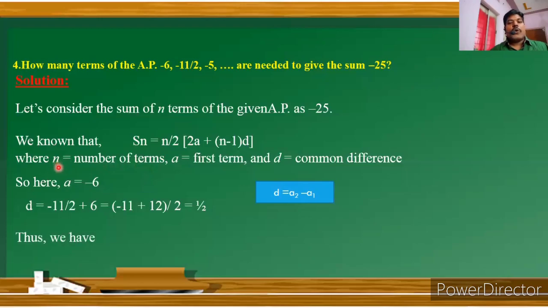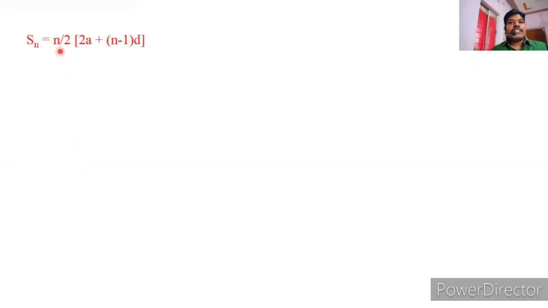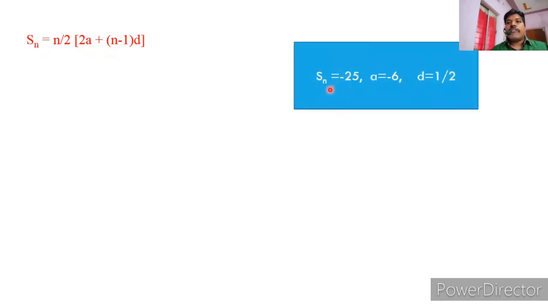So for that we take the sum of n terms, Sn is equal to n by 2 into 2a plus n minus 1 into d. So already we know Sn is equal to minus 25, a value is minus 6, and d value is 1 by 2. Substitute all these values in this equation, you will get the n value.